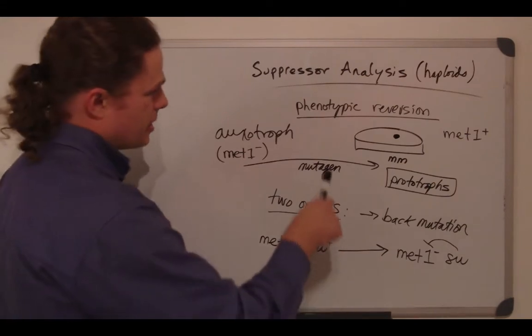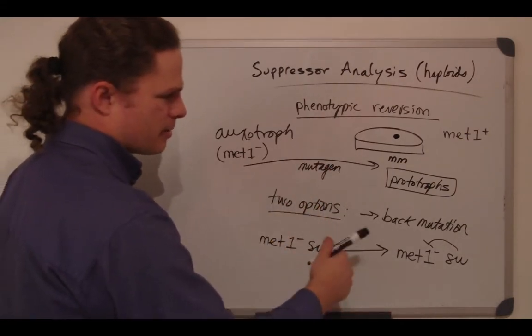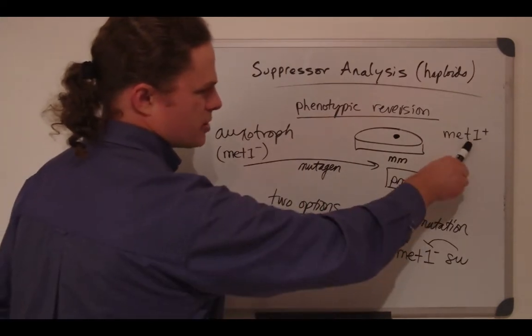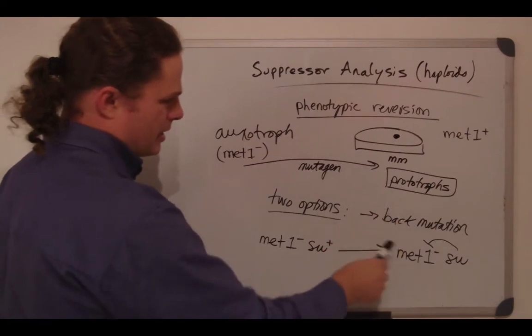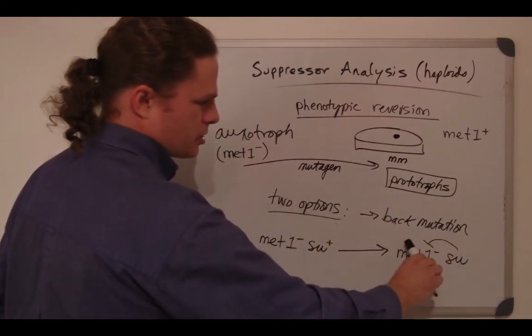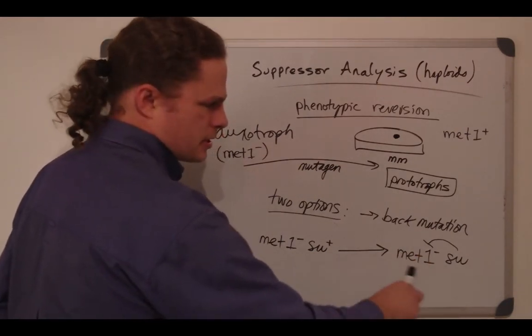The big difference as we go on and look at questions that involve these different possibilities is that in the first case, in a back mutation, we've actually fixed the original problem. In a suppressor situation, we have a second locus, which is now mutant, which is exerting epistasis over the first. So the MET1 minus mutant is still present.